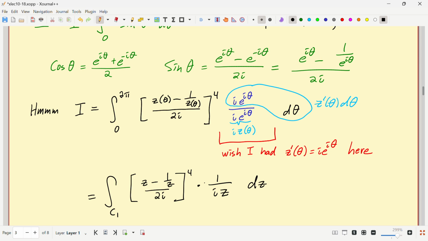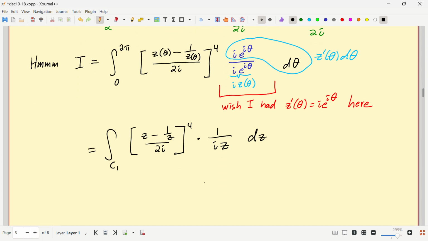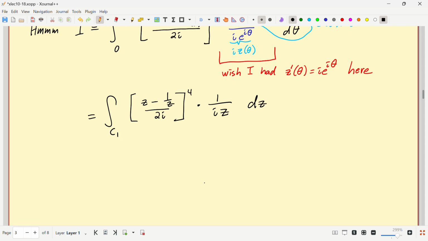And that's something I can calculate using the residue theorem. Let's see, that has only one pole at the origin. And it's going to be a simple, well, no, we'll see, it has a pole at the origin. So we can calculate the residue, hopefully. So this is going to be equal to 2 pi i times the residue at 0 of that function inside.